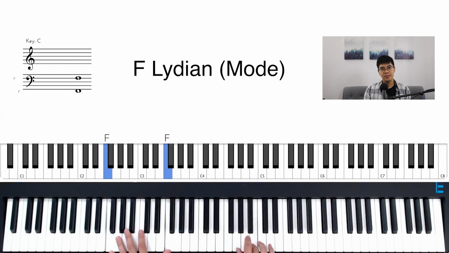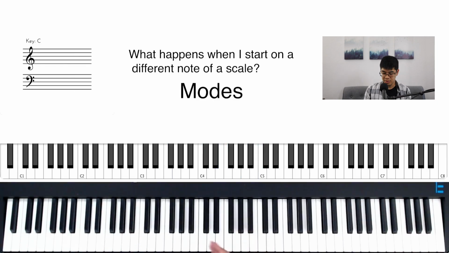So it's that note again, the sharp fourth in this case. And then you can start on E and do the same thing, A and etc. You get the modes of the C major scale. So by starting on a different note for a scale, C major scale, or any scale, you get modes.